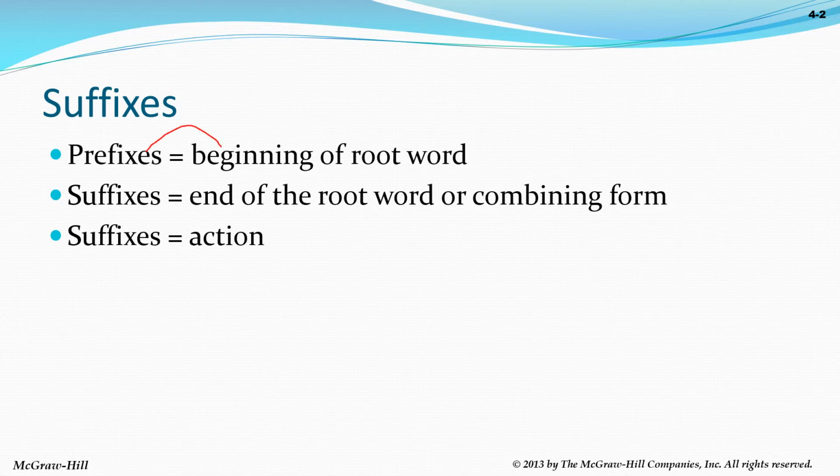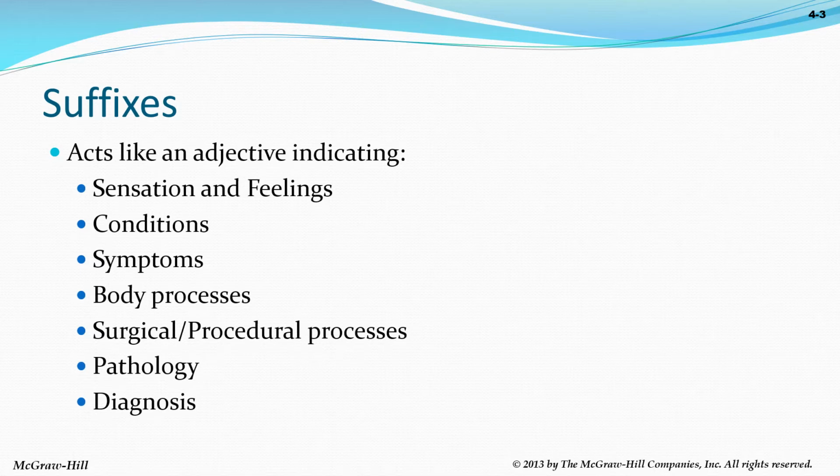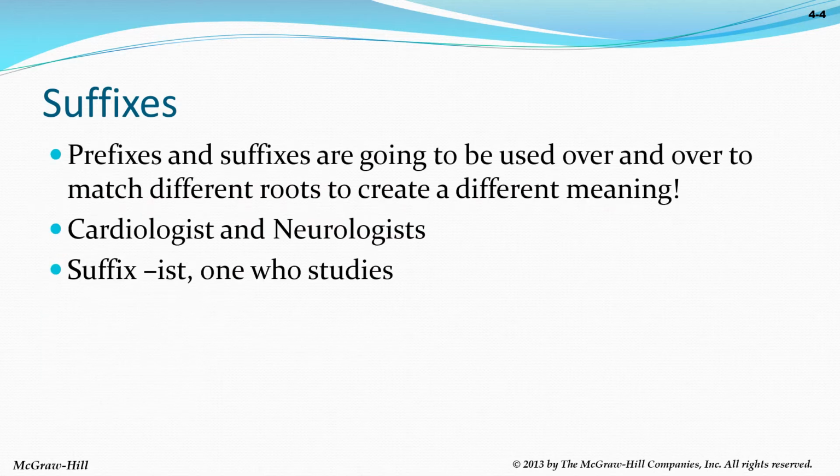So beginning suffixes at the end, and they're going to give you similar information as prefixes. So just like the prefixes, they're going to describe the word root. So here is the example. -ist, so that's one who studies.